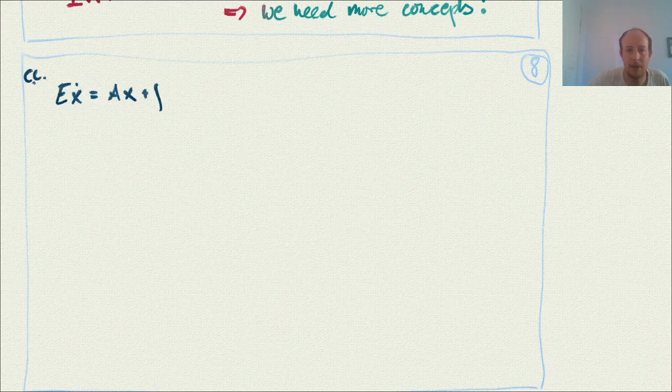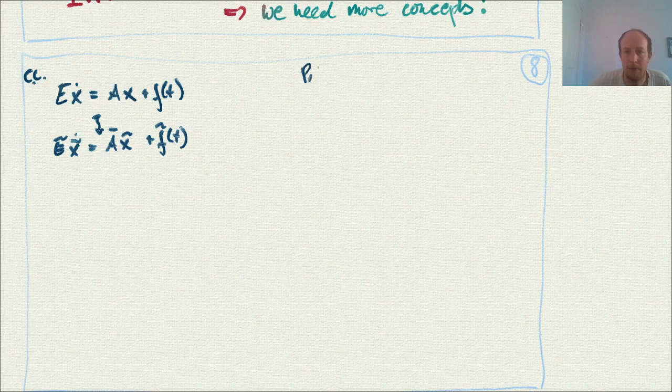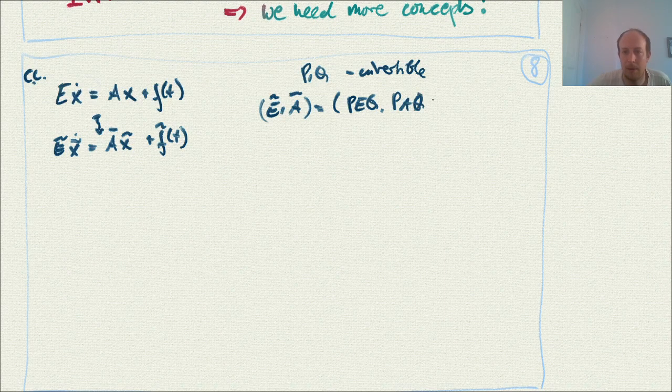And we could transform this into e tilde x tilde dot is a tilde x tilde plus f tilde of t, with p, q invertible, e tilde is peq, a tilde is paq.